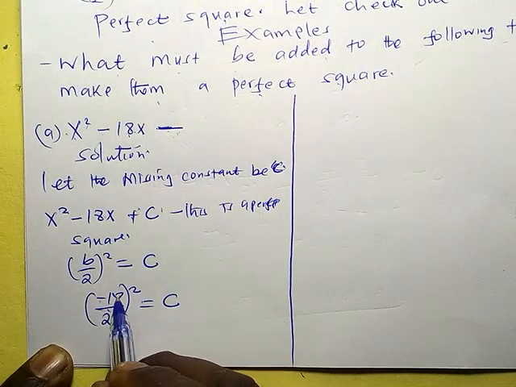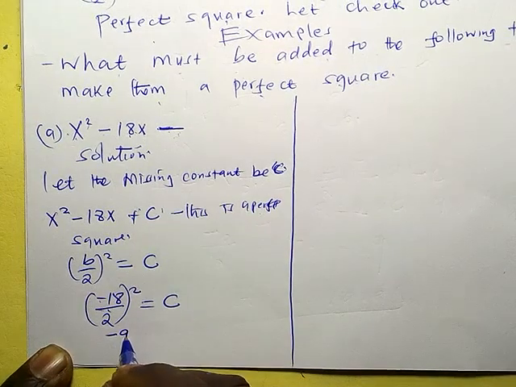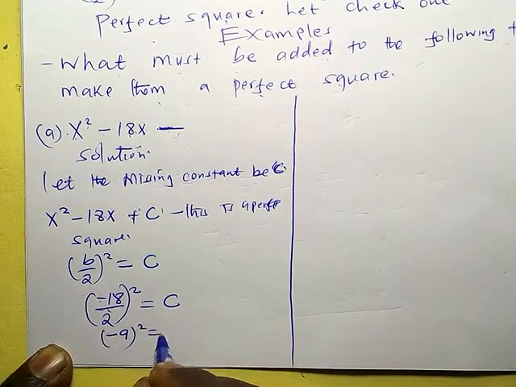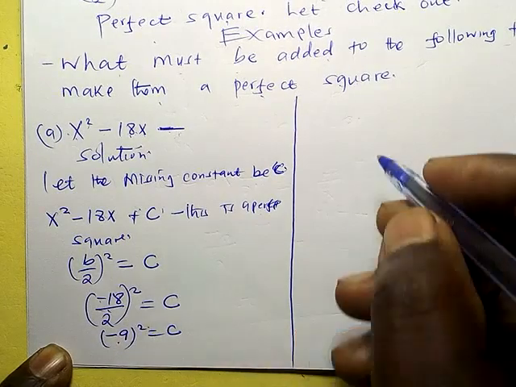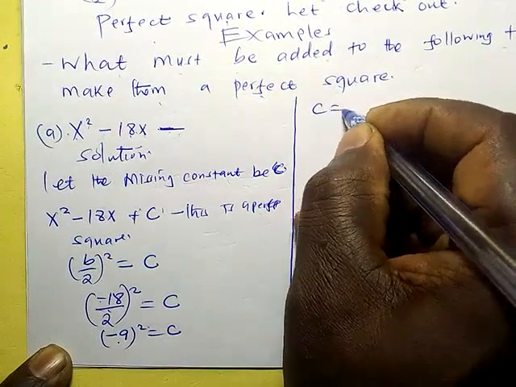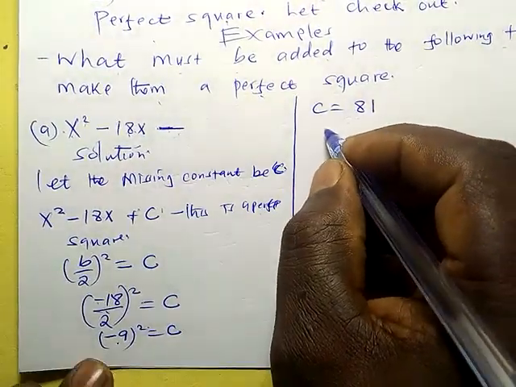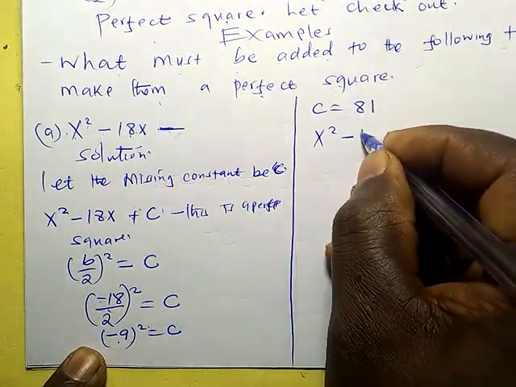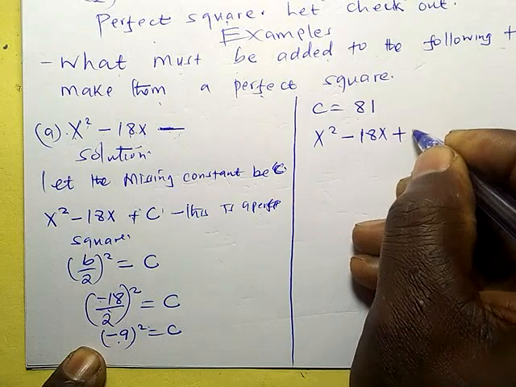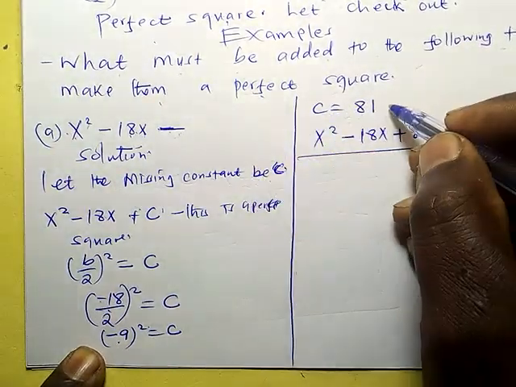Negative 18 divided by 2, we are going to have negative 9 squared equal to c. Negative 9 squared is equal to positive 81. Therefore, c equal to 81. So our expression now is x squared minus 18x plus 81. So our missing constant was 81.